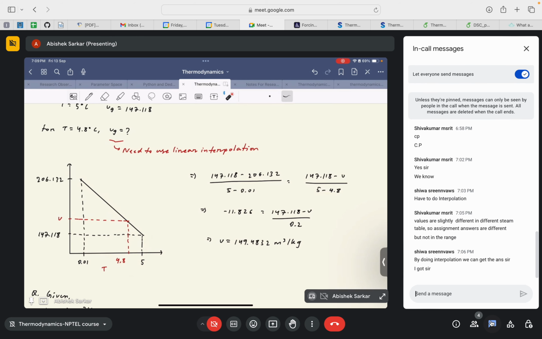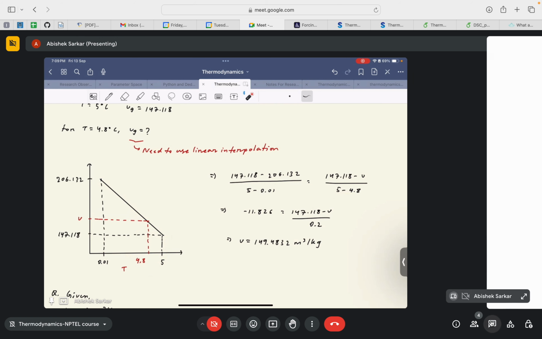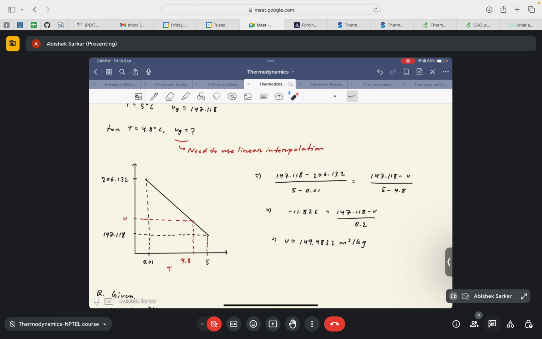Let's see what solution you give. This is the way we do linear interpolation. I hope this is clear. If you have any doubt or confusion about my approach, you can just ask. Is it clear? Let me go to the next question.